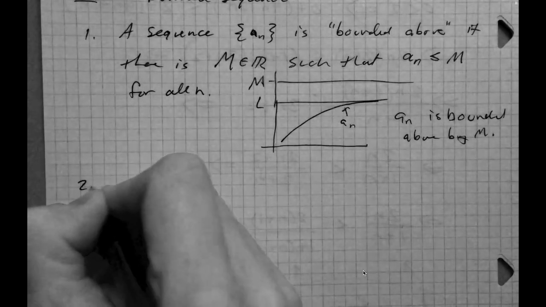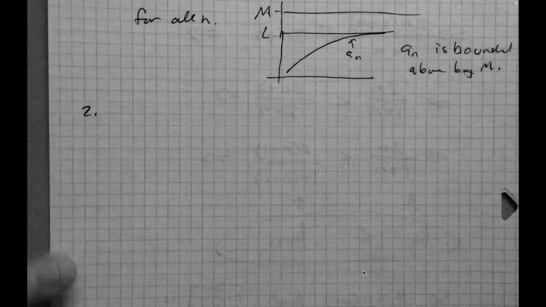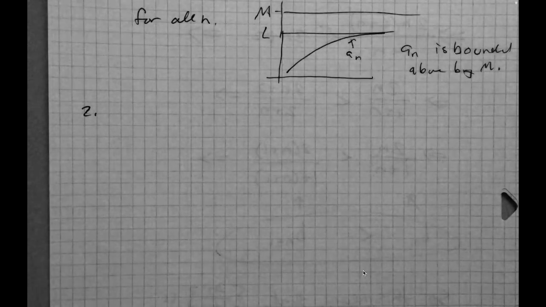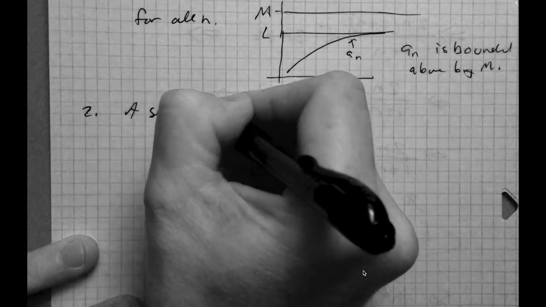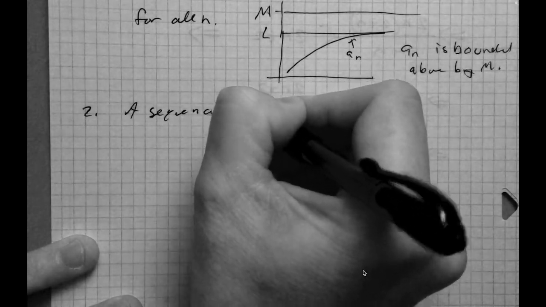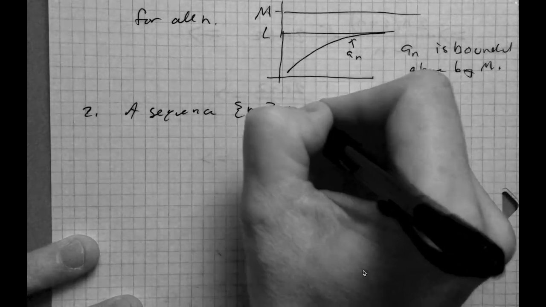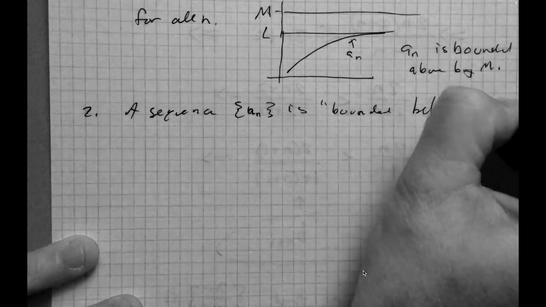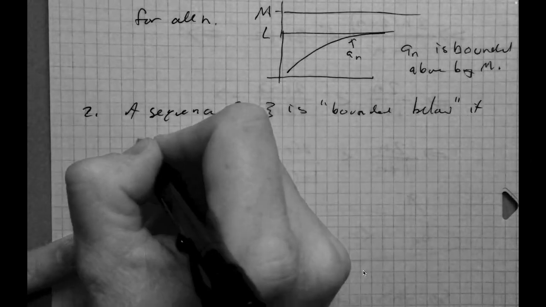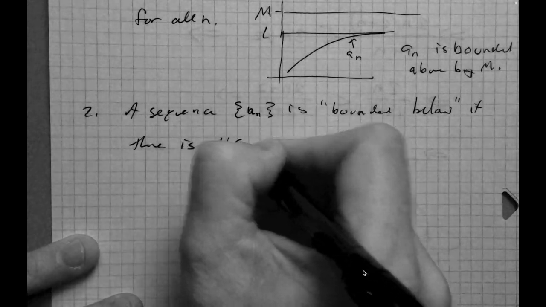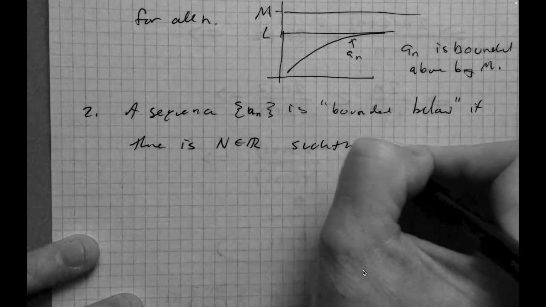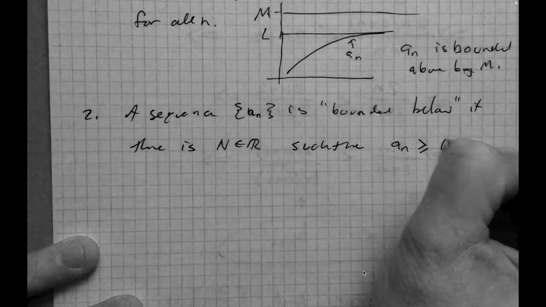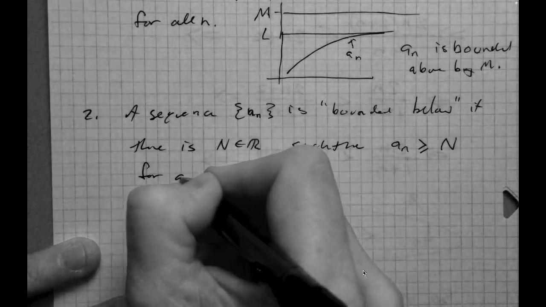Similarly, you can define bounded below, a lower bound. A sequence a_n is bounded below if there is some N in R such that a_n is greater than or equal to N for all n.